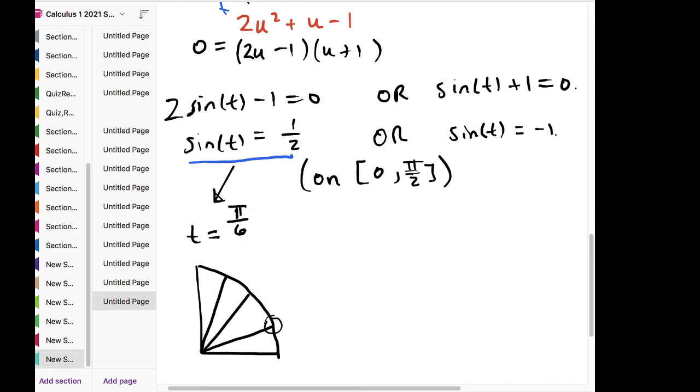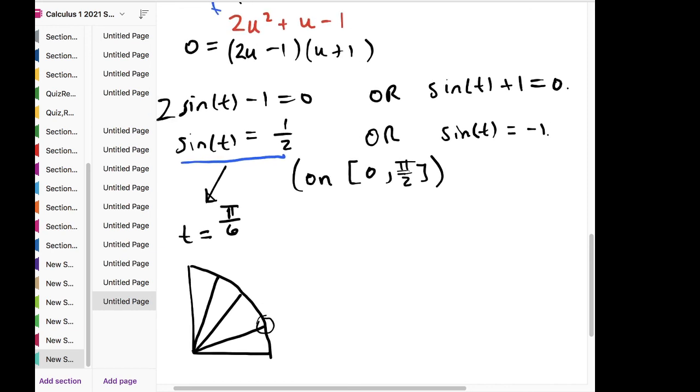Okay, are there any other angles that give you pi over 6 in 0 to pi over 2? No, right? If this was on a different interval, like maybe 0 to pi, then you might have to consider another angle.